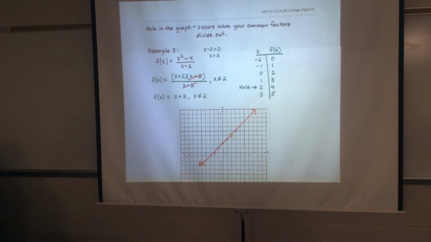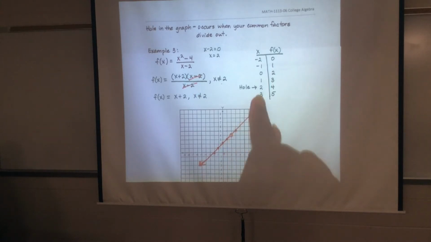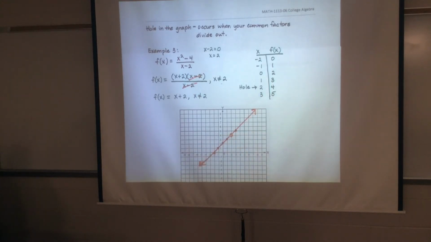It's simplified to this, but the restriction there will be x is not equal to 2, because at x equals 2, the ordered pair 2, 4 will have the hole in the graph. Okay, so that's how you graph a function with a hole in that graph.